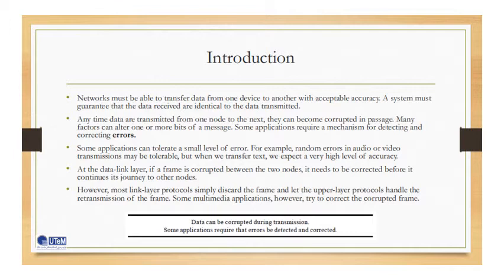This is what we have discussed in the data link layer. When the receiver receives an unexpected frame, it just discards the frame and asks for retransmission.